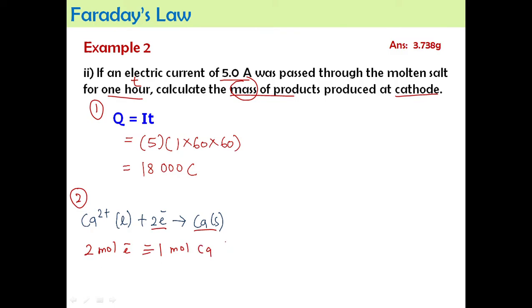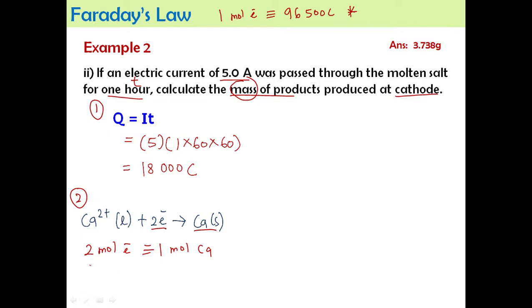Tapi adakah kita supply this much of coulomb? Macam mana nak tahu berapa banyak coulomb daripada 2 mol of electron? Again, 1 mol of electron akan carry 1 Faraday bersamaan dengan 96,500 coulomb. Okay, so ini kena ingat.